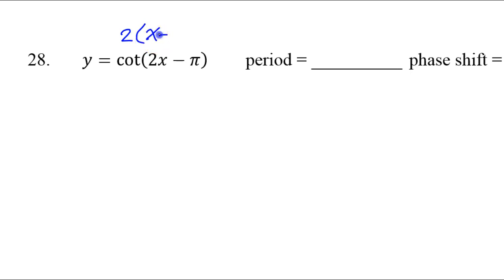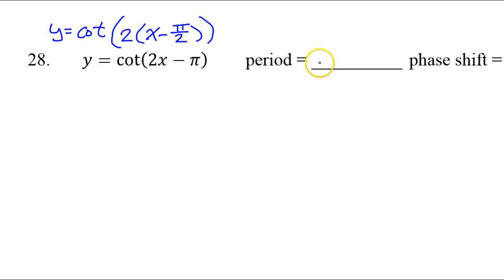So I'm going to have x minus something. To know what goes here, I need to divide pi by the 2. Well, that's just going to be pi over 2. Okay, so that should be all inside of parentheses with the cotangent and the y equals out front. So this is the version of the equation I'm going to use.